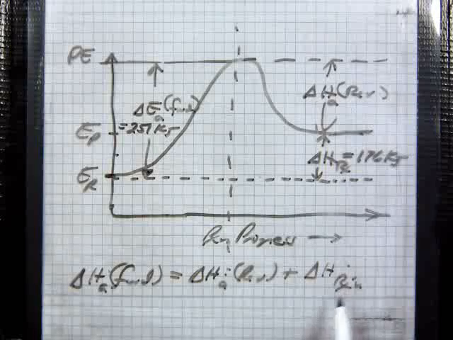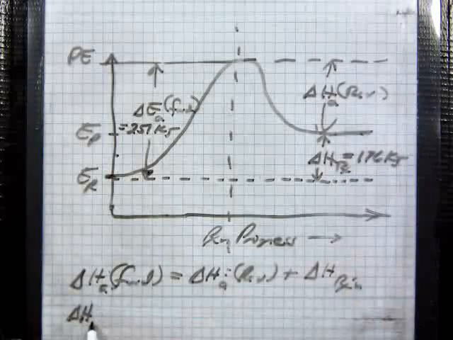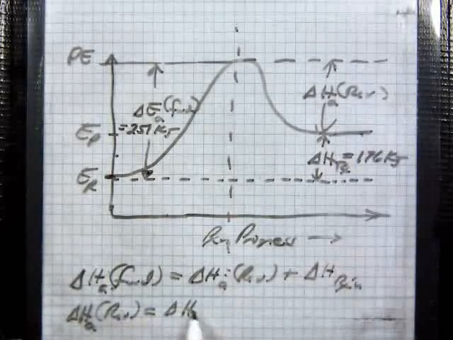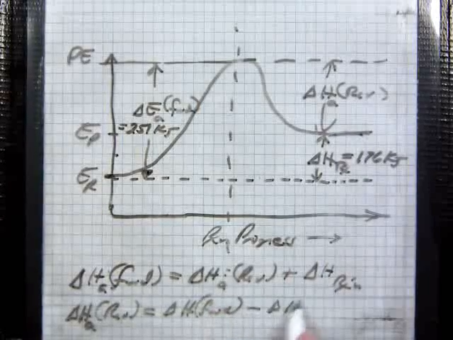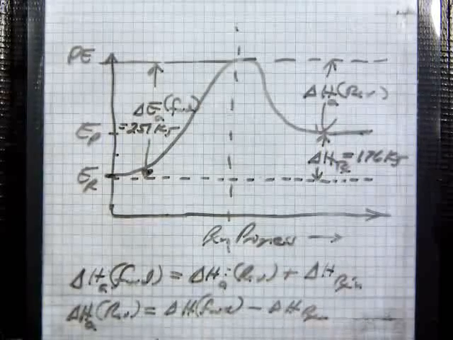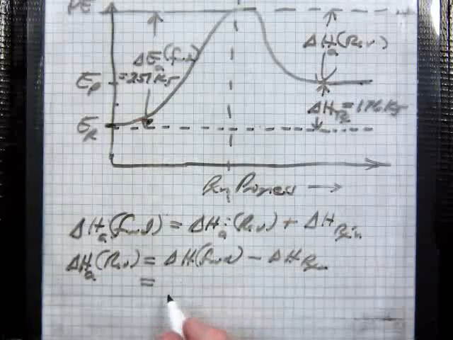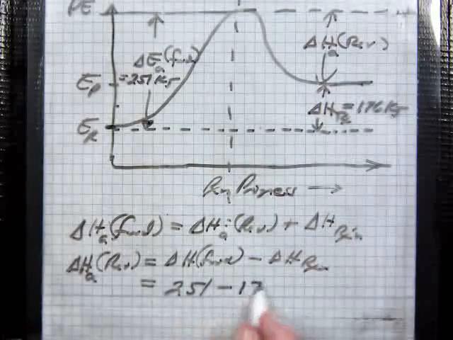And so if they're looking for the activation energy for the reverse reaction, then that'd be delta EA forward minus delta H of the reaction. And so that would, of course, be 251 minus 176.